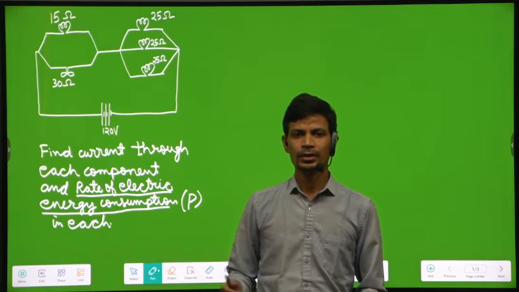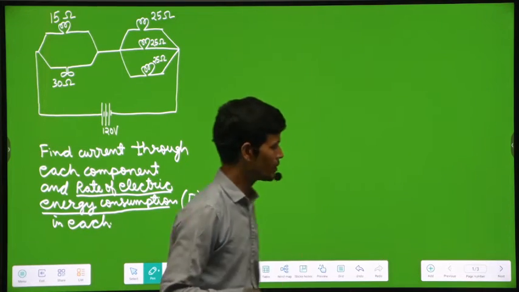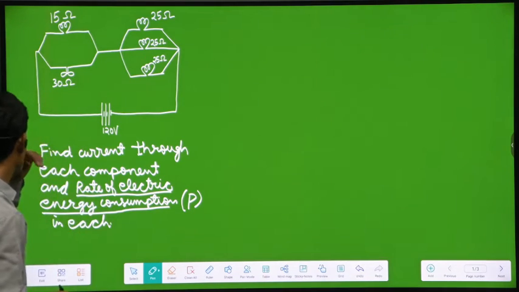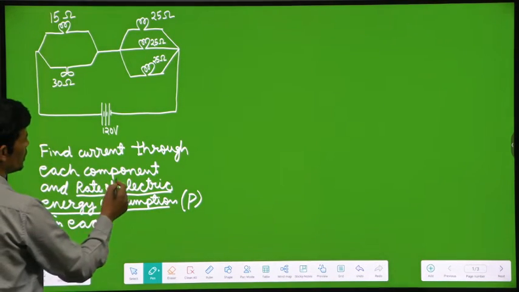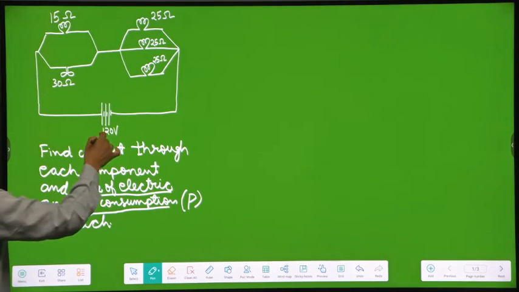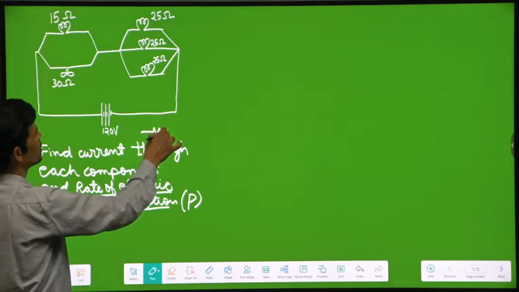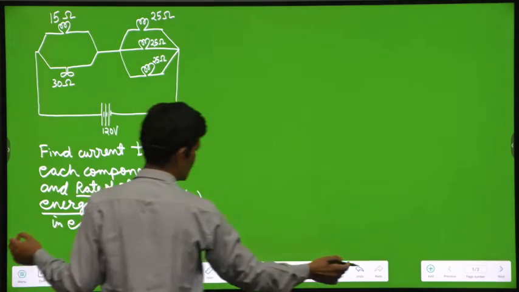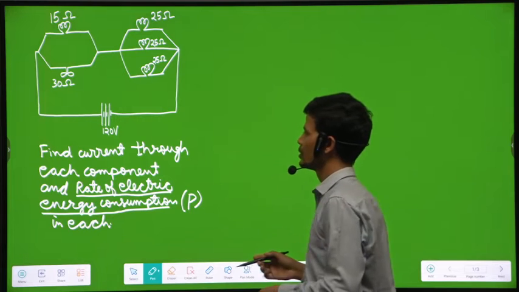So, some circuit based problems, and here we need to find the current through each component. I have replaced all the resistors with some components, bulbs and a fan.